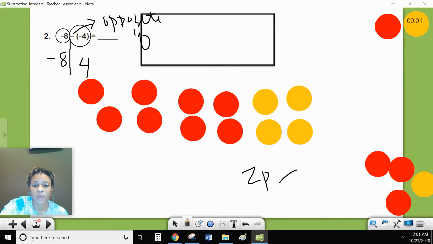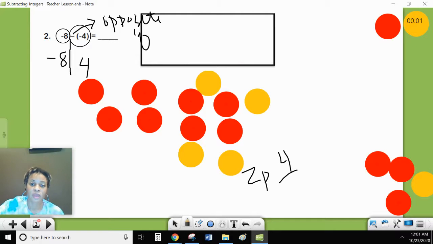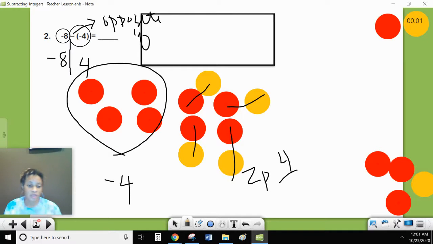Well, let's move these around. I see 4 zero pairs. Do we see 4? I see 4 zero pairs. So I'm going to put a 4 there. So then you can remove those zero pairs. Boom, bang, boom, bang. What's left? That's all that's left. Negative 4 is our answer, or the opposite of 4 is our answer.